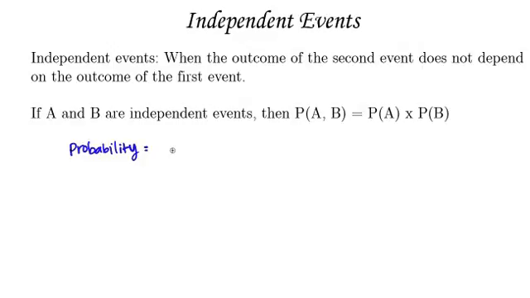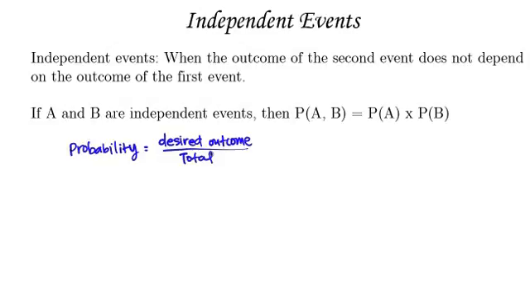So probability is talking about your desired outcome, or the outcome that you're looking for, over the total possible number of outcomes, or just total for short. So it's desired outcome over the total.